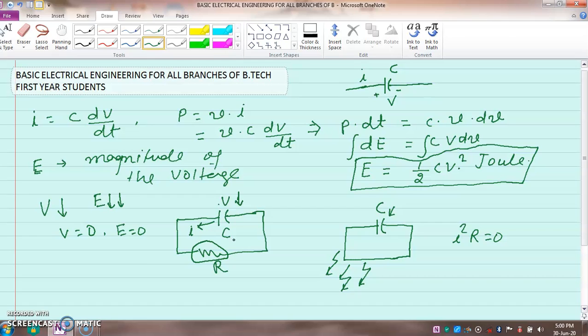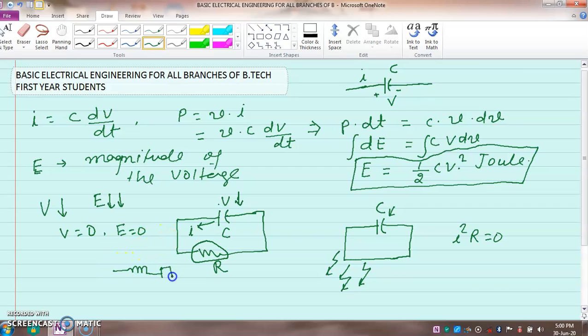Now suppose you want to compare this capacitor system with a mechanical system, an analogy with the mechanical system, how can you compare this? You can compare this energy with a spring balance. You have seen that in a mechanical system a spring balance is there.